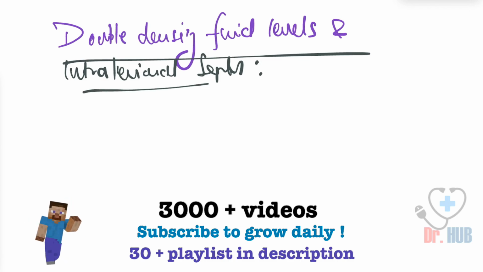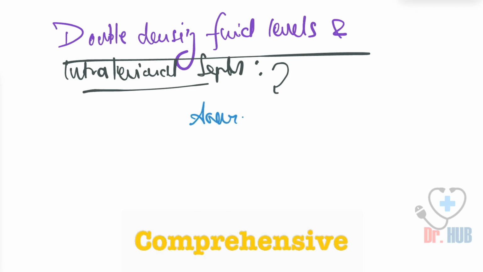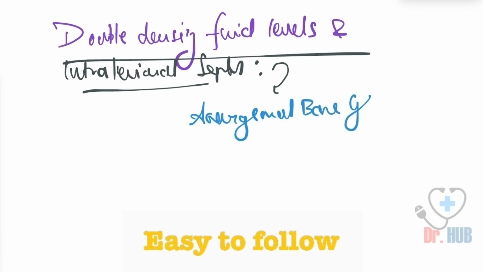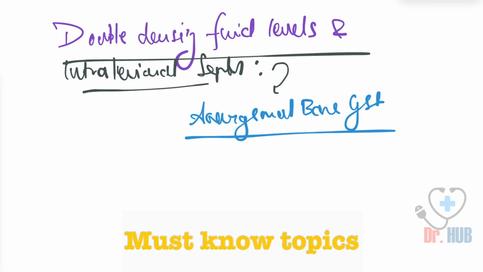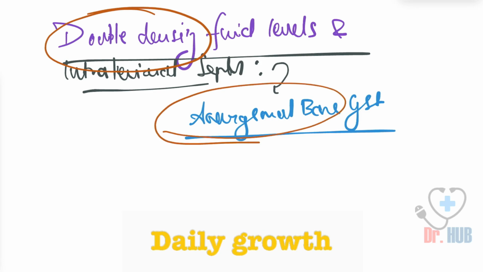So where is this present? This is present in the aneurysmal bone cyst. Just to recap, when we hear the word double density, it is nothing but ABC, that is the aneurysmal bone cyst.